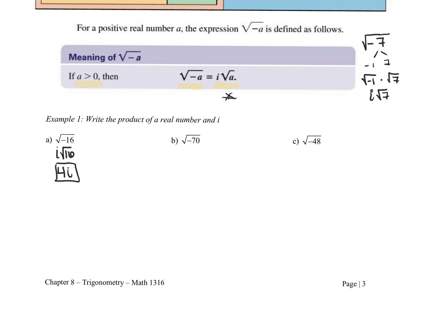Next one, I'm going to deal with the i and then the root 70. 70's factors: 1 and 70, 2 and 35, 3 doesn't go into it, 4 does not go into it evenly, 5 goes into it evenly, 14 times.